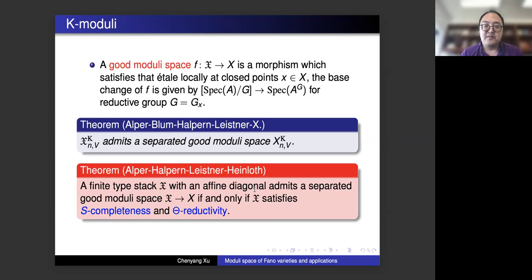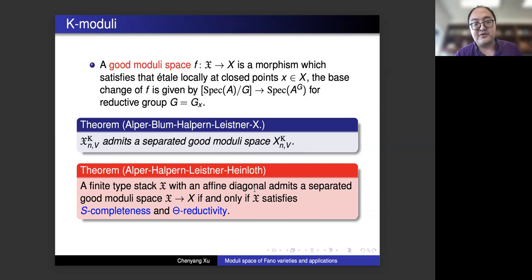But for us, we just think about it as follows: there is a morphism from the stack X to some space X, where X is only an algebraic space, such that étale locally around each closed point, if I take the base change, it just comes from a reductive group G acting on an affine scheme, and the étale neighborhood is given by the invariant functions of this action.